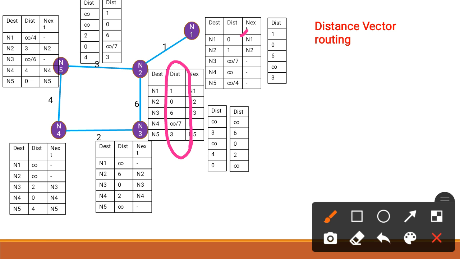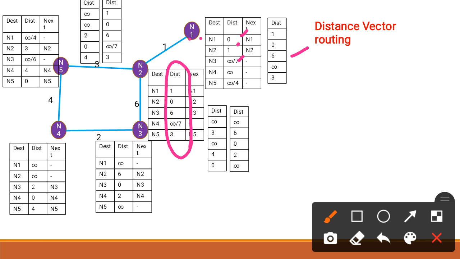It has the value 0, 1. With respect to n3, here 6 is given, but n1 knows the distance between n1 and n2 is 1, so it is written as 7. So infinity is now converted into 7 and 3.